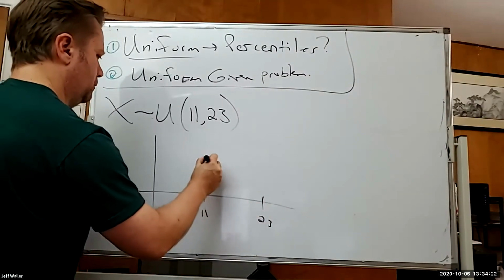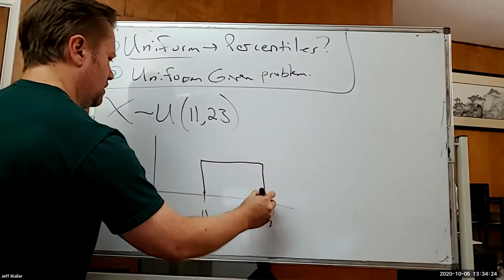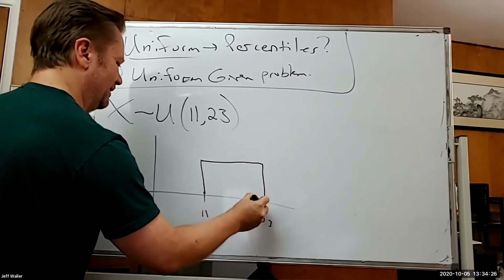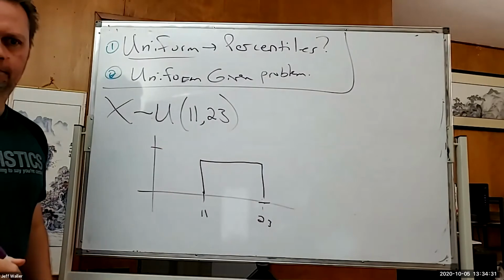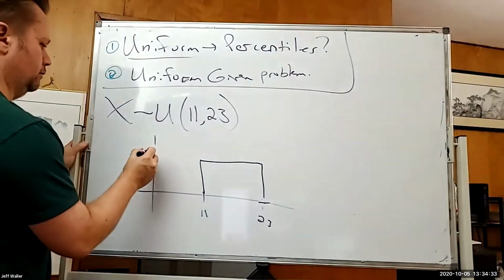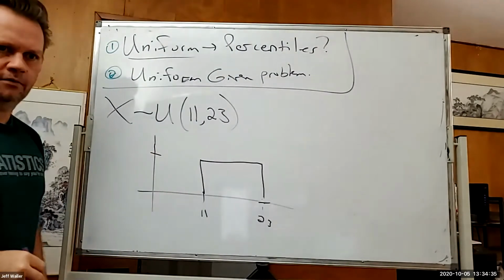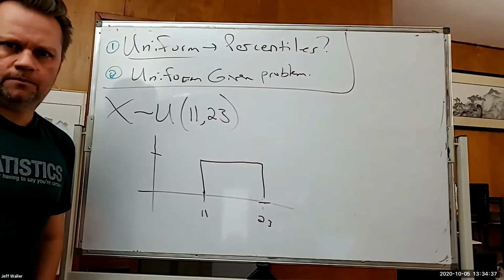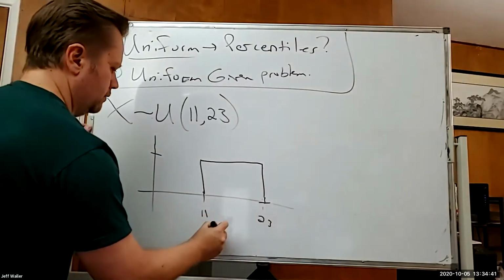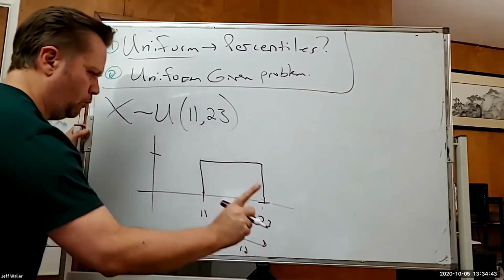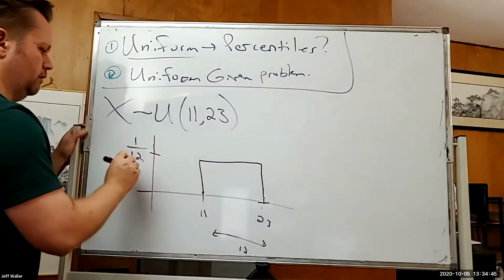How tall will it be? What's the height going to be? Let's see if I can get it to line up. That's a little better. 1/12, yeah. This is 12 wide, and the whole area has to be 1, so this has to be 1/12.